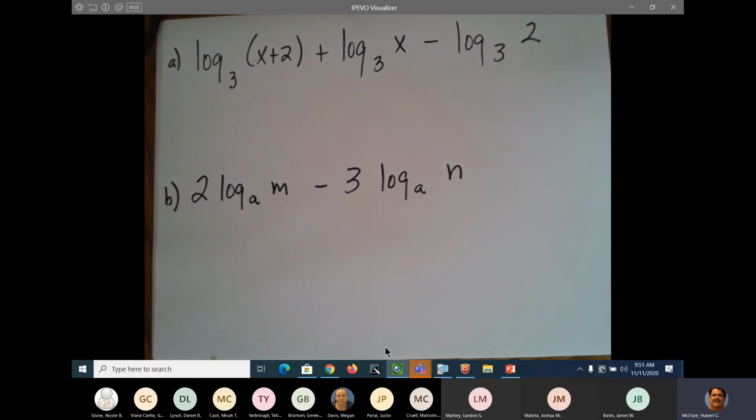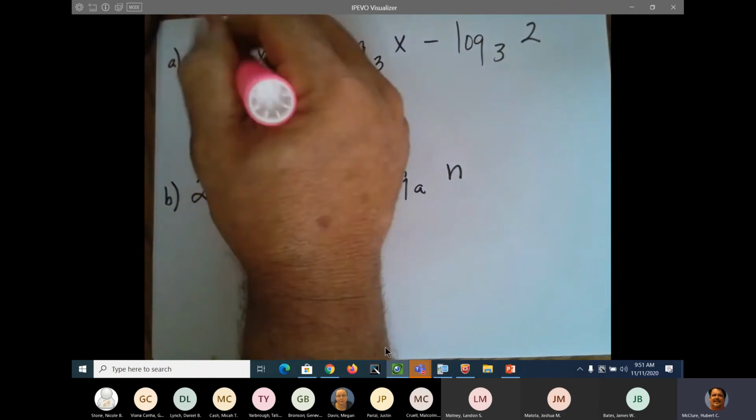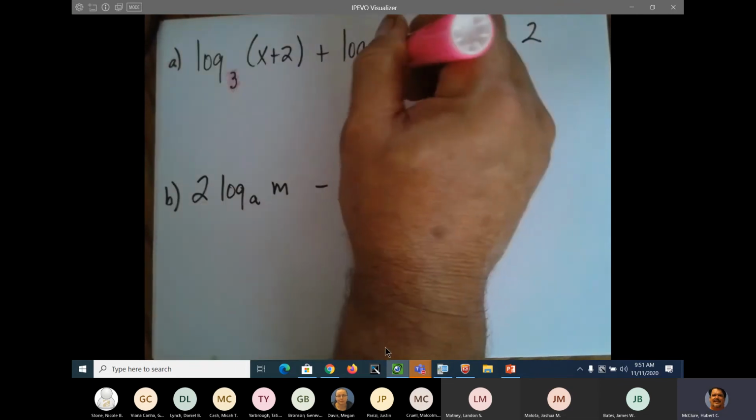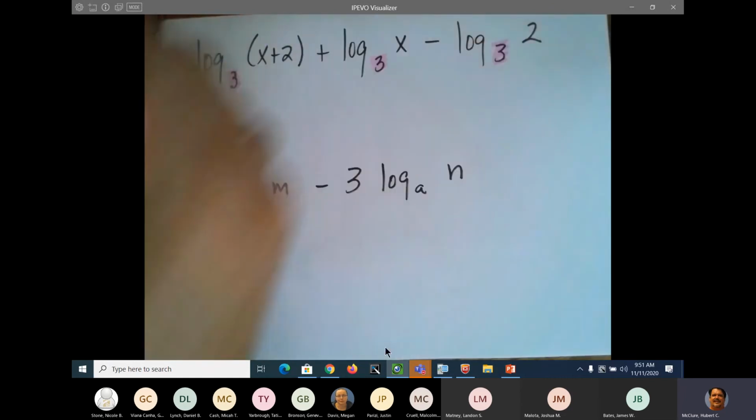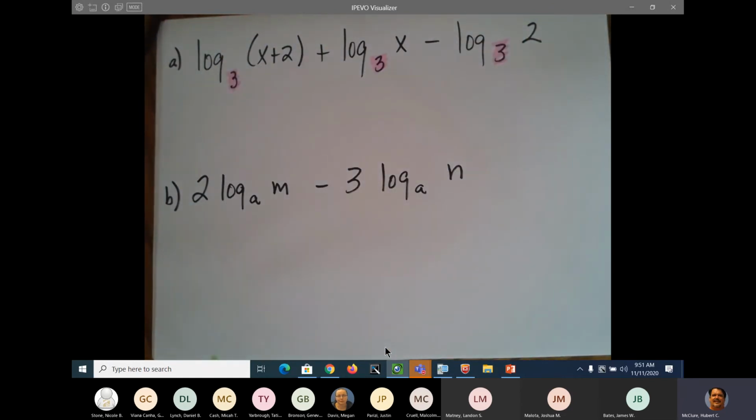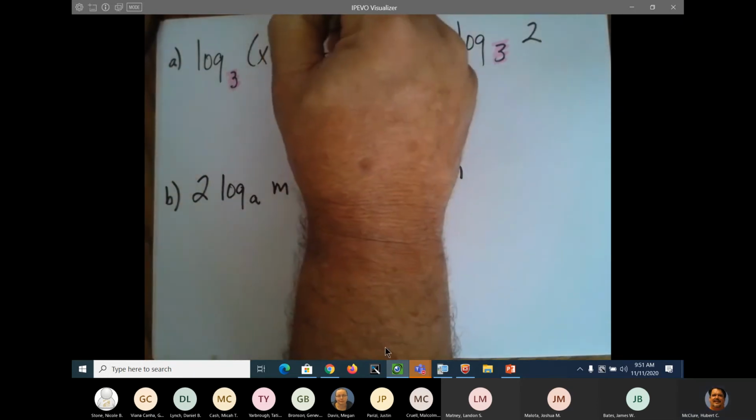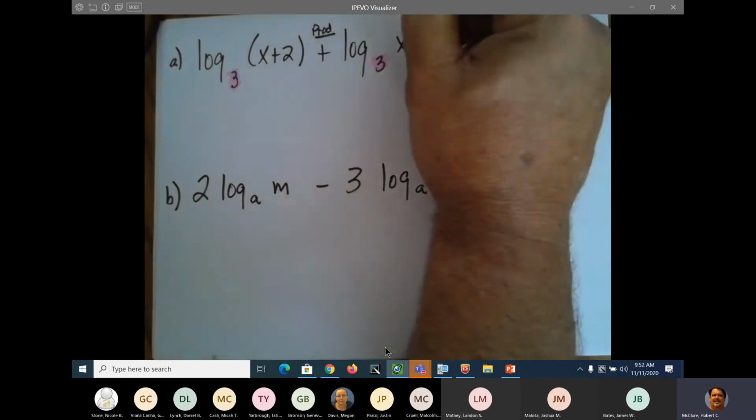Now, the good thing about the first one is that it's ready to go because you've got log base 3, log base 3, and log base 3, and there's nothing in front of the logs. If you've got the same base and you've got nothing in front of the logs, then you're ready. So this is going to be product rule and quotient rule.